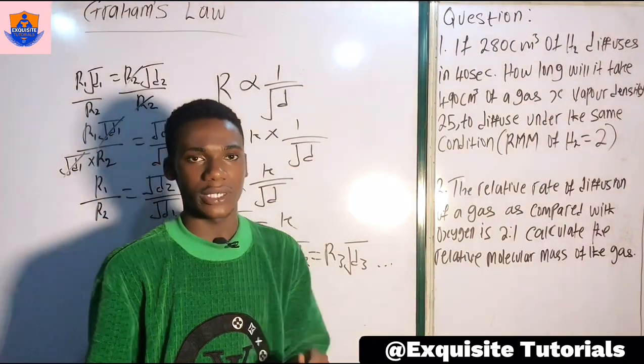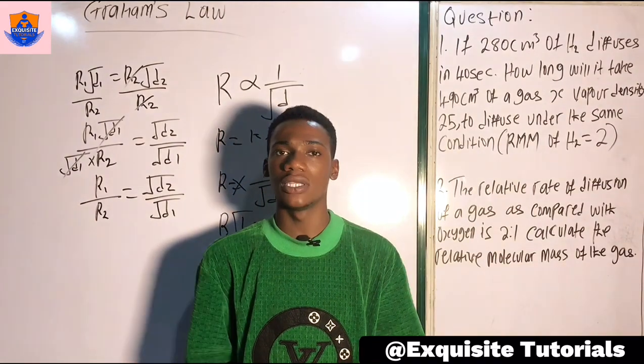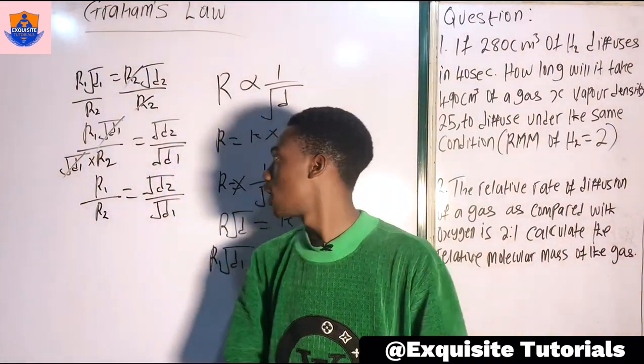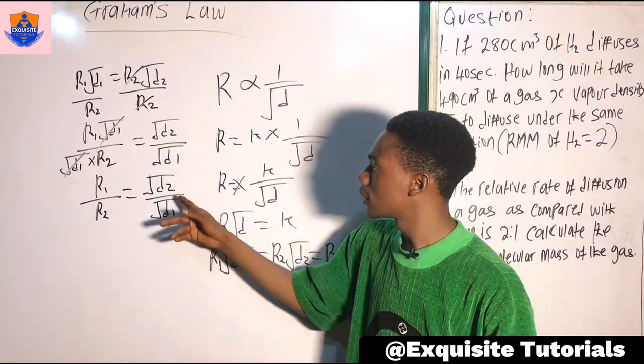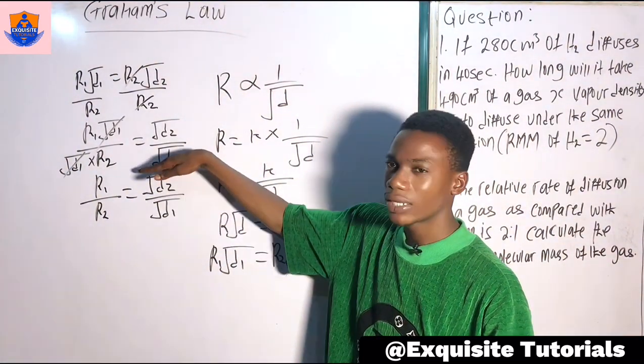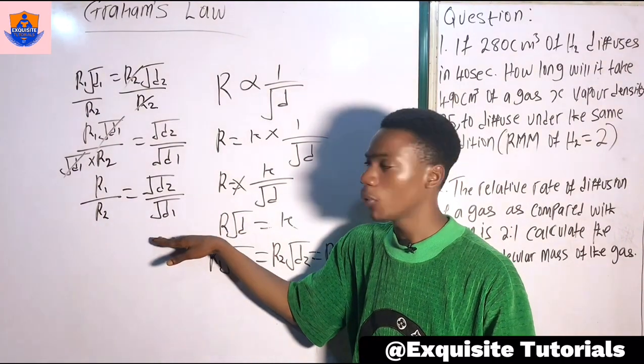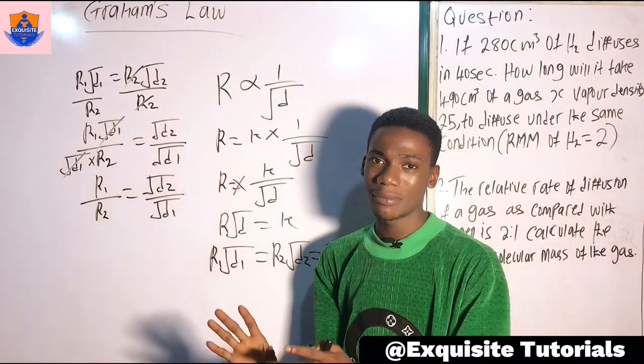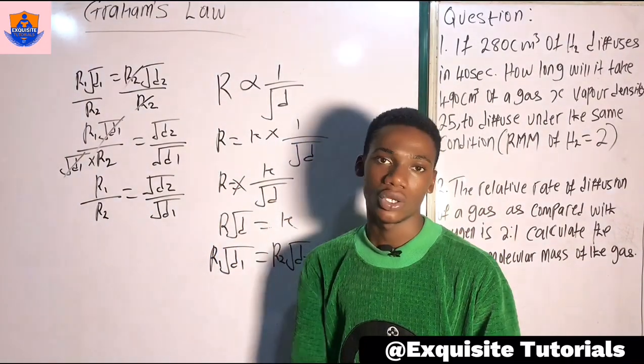Now, from mathematics, if you have solved further mathematics, you will know that once you have root at the top over root at the bottom, you can take all of them inside one square root. What am I trying to say?